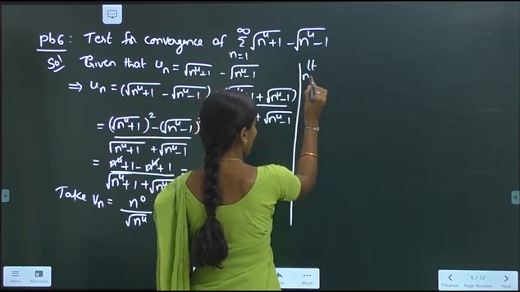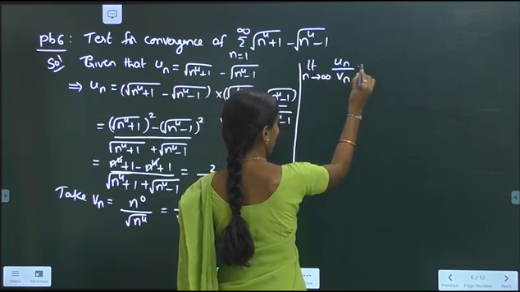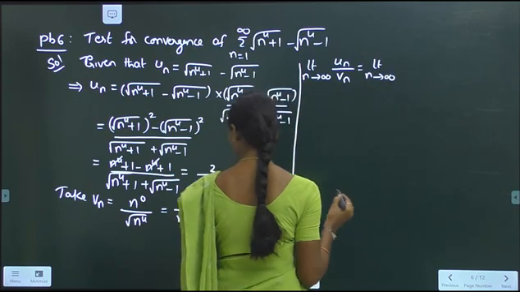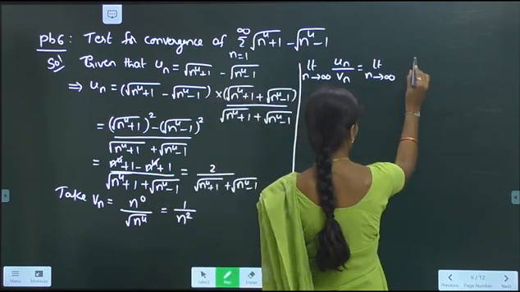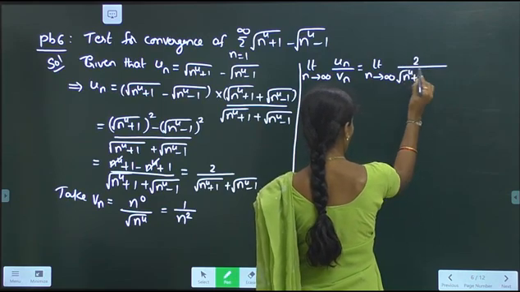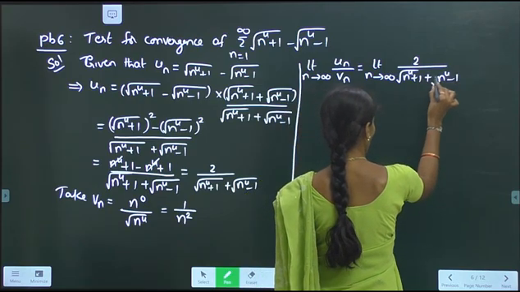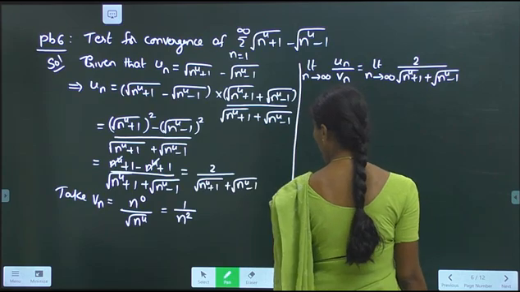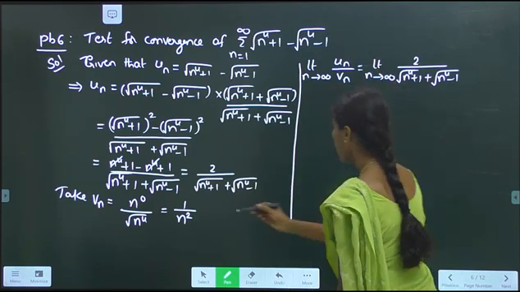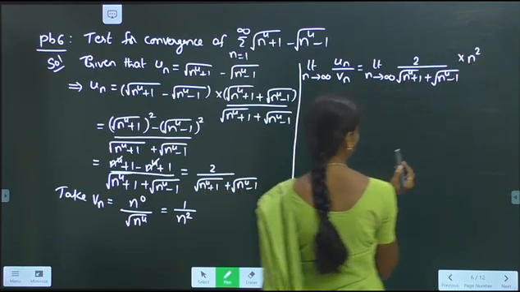Now apply the limit n tends to infinity Un by Vn. Limit n tends to infinity, what is Un? 2 by square root of n power 4 plus 1 plus square root of n power 4 minus 1. Un by Vn means times 1 by Vn, 1 by n square, so it is into n square.